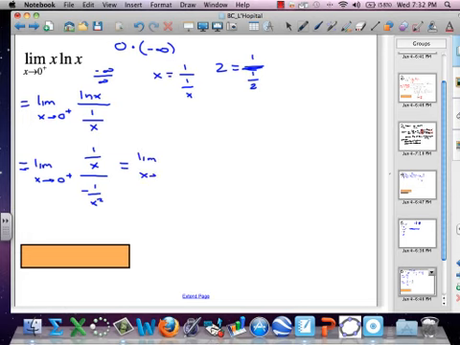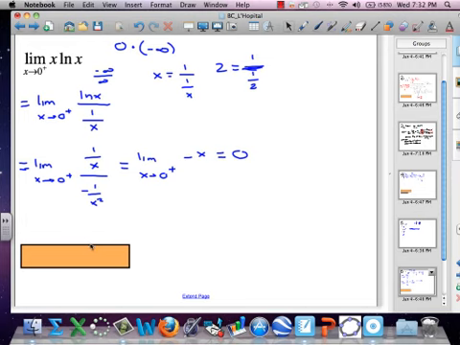Limit as x goes to 0 from the right of negative x over 1, which comes out to be 0. Okay, now don't just say, hey, I told you 0 times infinity is 0. That's not always the case. And we can come up with some really quick examples to disprove that if you don't believe me.